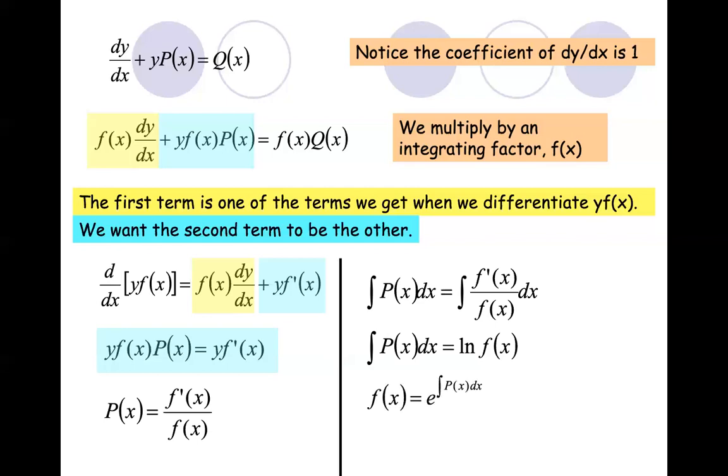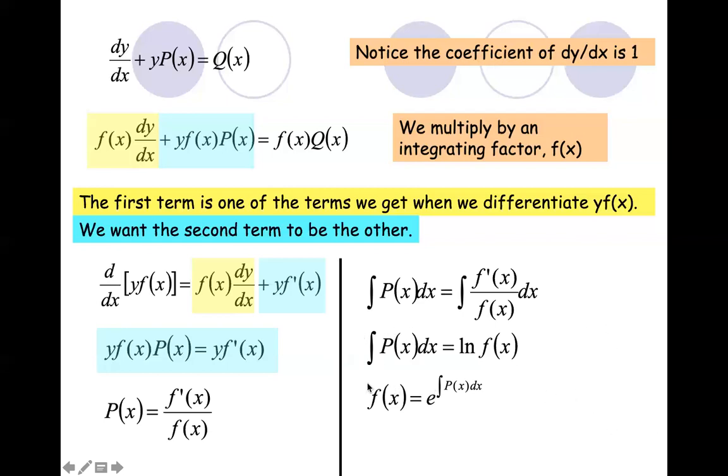So our f of x will be e raised to the power integral of p of x dx. You will find here that we have ignored the constant, because the constant is arbitrary. The constant could also be 0. So that's why we ignored it here.